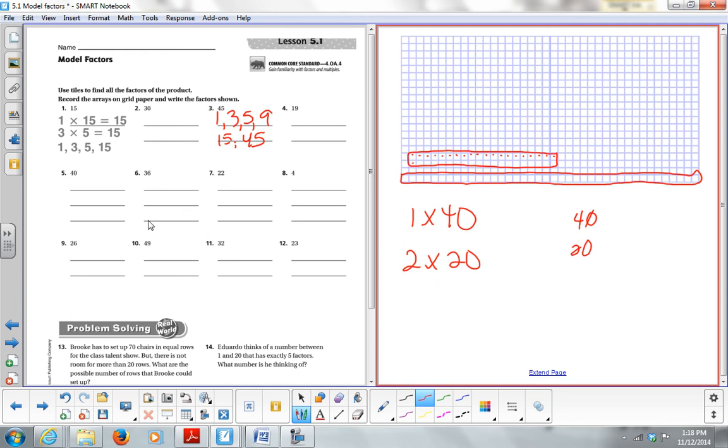3. Can 3 go into 40? No, it cannot. 4 can. 4 times 10. 1, 2, 3, 4, 5, 6, 7, 8, 9, 10. Okay, so 4 times 10 can go. 5 can go in, right? Because it ends with a 0. So 5 can go in. 5 times 8.